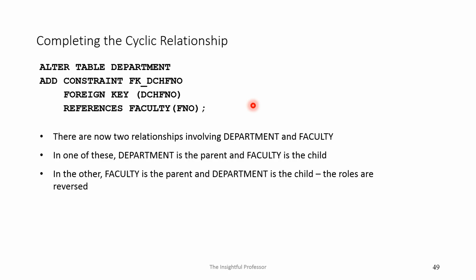If you try to insert an entire row into the faculty table, you'll have to give me an F department to identify the department the faculty member is assigned to, but you can't do that if you haven't created that row either. So it's kind of a catch-22. In creating the tables, it's a catch-22, and in populating them.